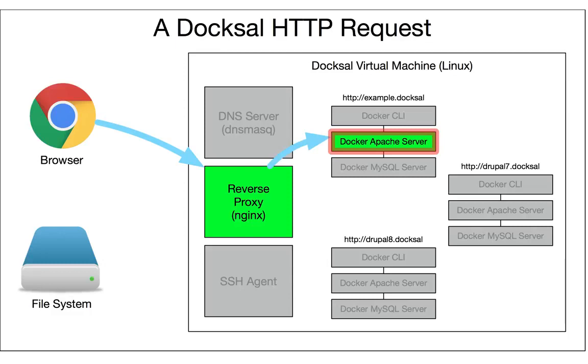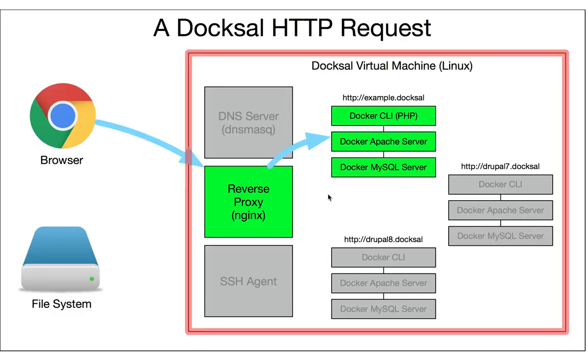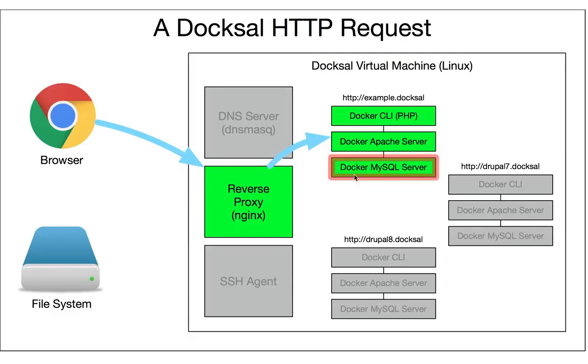Now, the Apache web server on its own does very, very little. It pretty much just has Apache installed. Everything interesting about this request is going to happen either in the Docker MySQL server or in the Docker CLI.